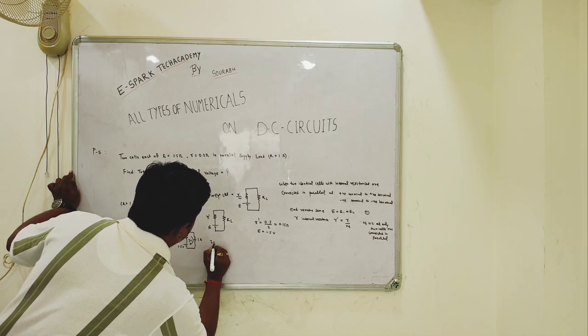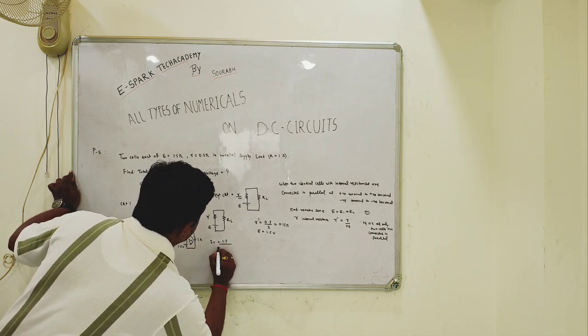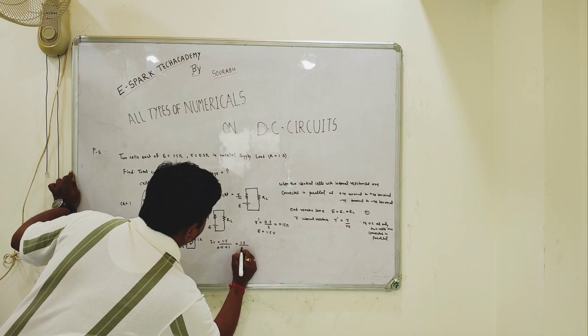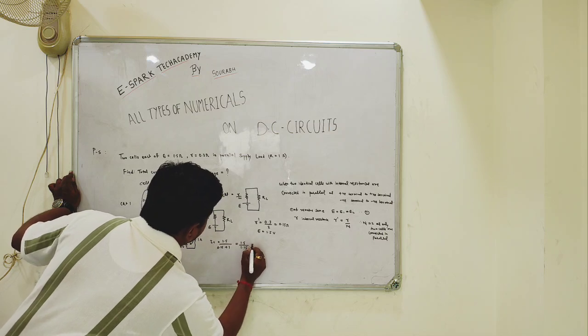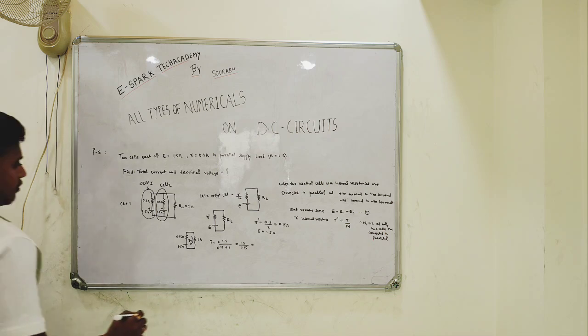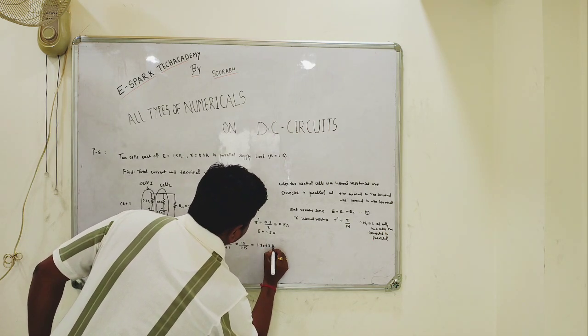IT is equal to 1.5 divided by the summation of these resistances as they are in series. You will find it as 1.5 divided by 1.15. It will be 1.3043 amps.